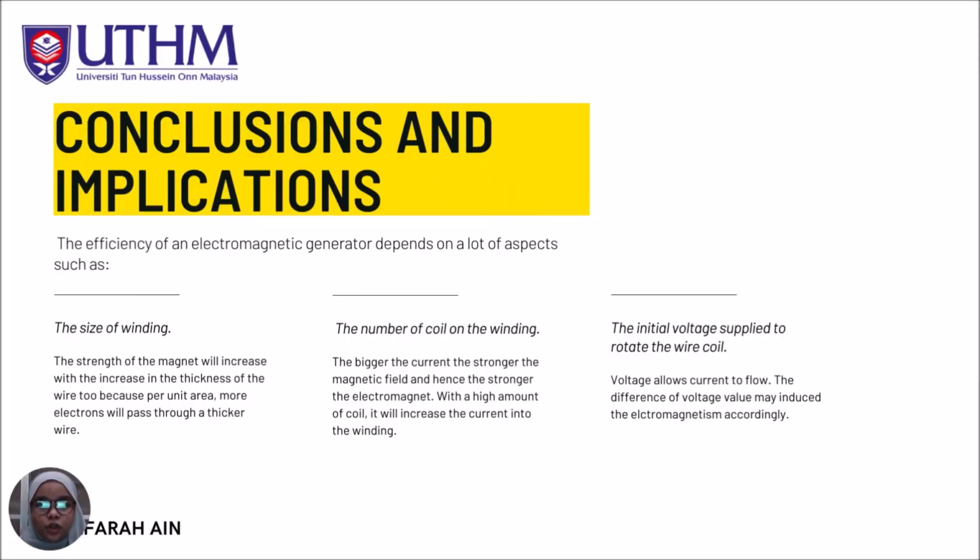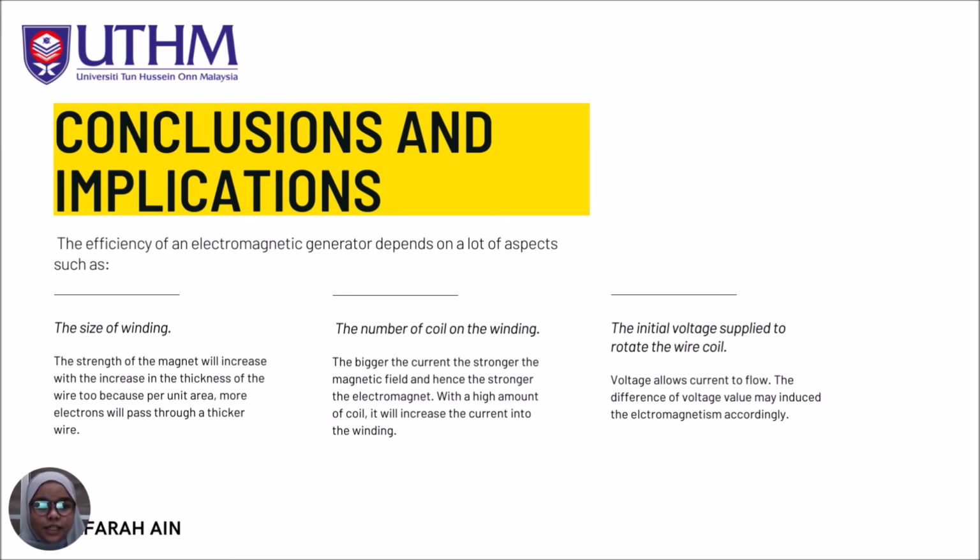So, for conclusions, our group can conclude three things. The efficiency of an electromagnetic generator depends on a lot of aspects. The first is the size of the winding. The strength of the magnet will increase with the increase in the thickness of the wire too, because per unit area, more electrons will pass through a thicker wire. The second is the number of coils on the winding.